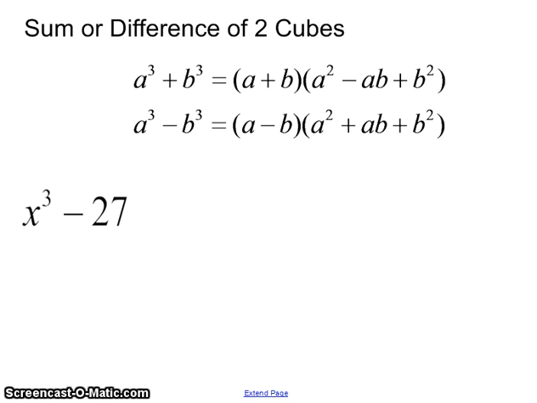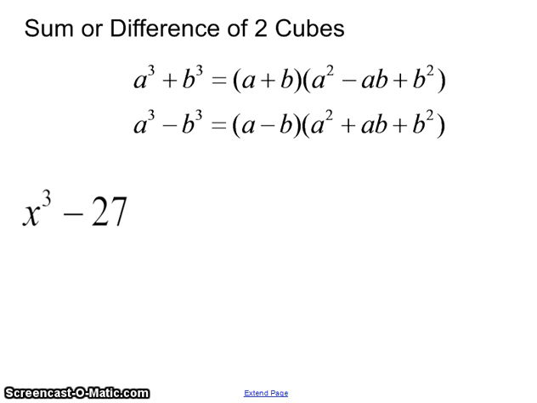These two formulas are for factoring the sum or difference of cubes. Here I've got the problem x to the third minus 27. There is no GCF. There is no number greater than 1 that can go into both terms evenly. So since it has two terms, I want to see, is it the sum or difference of cubes, or is it the difference of two squares?